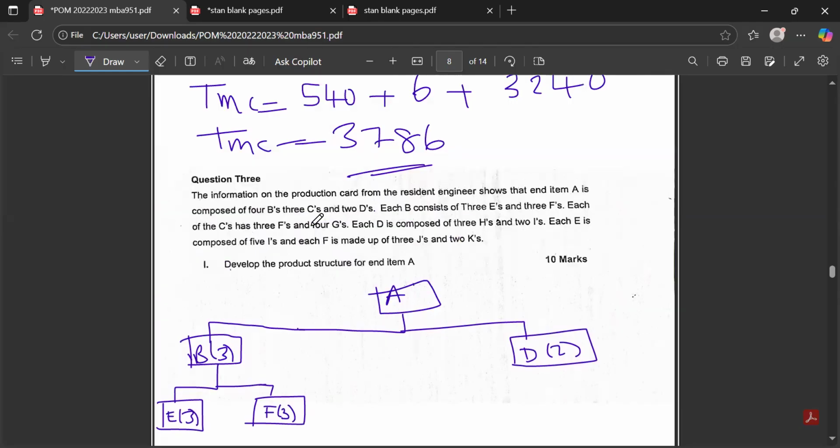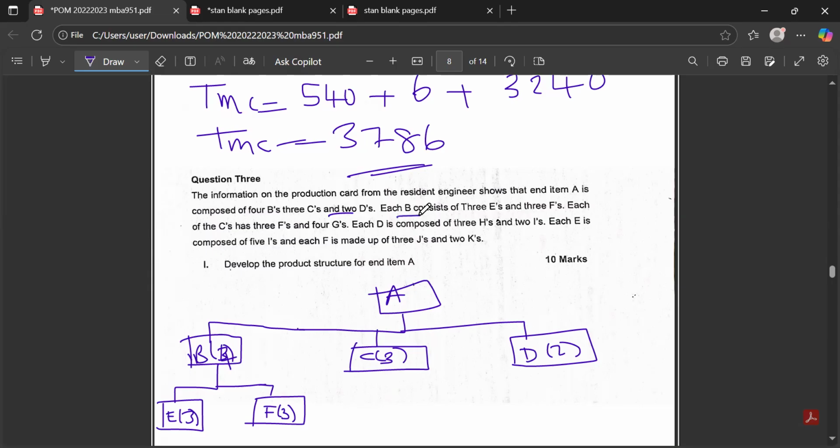Then each C is composed of 4 B's, 3 F's, and 4 G's.